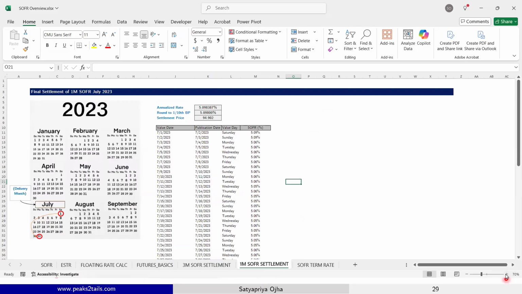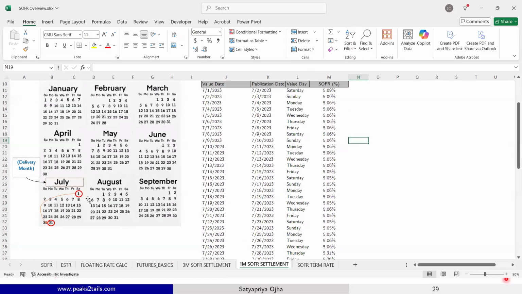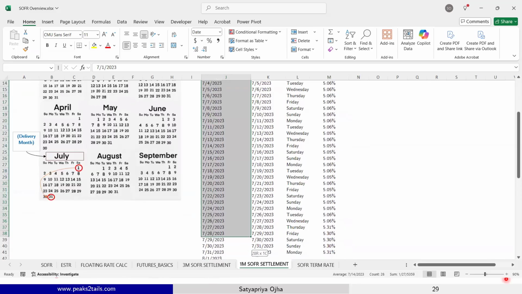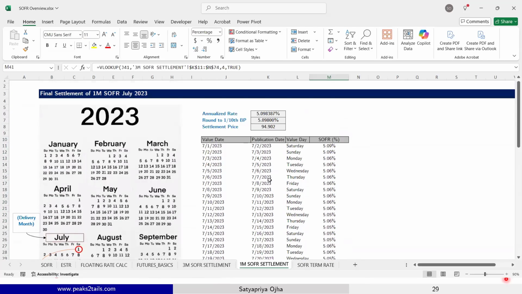So let me zoom this. Let's look at a July 1 month future. It spans from 1st July to 31st July, and these are the dates. When you have the SOFR daily rate published for all these dates, you simply calculate the arithmetic average.